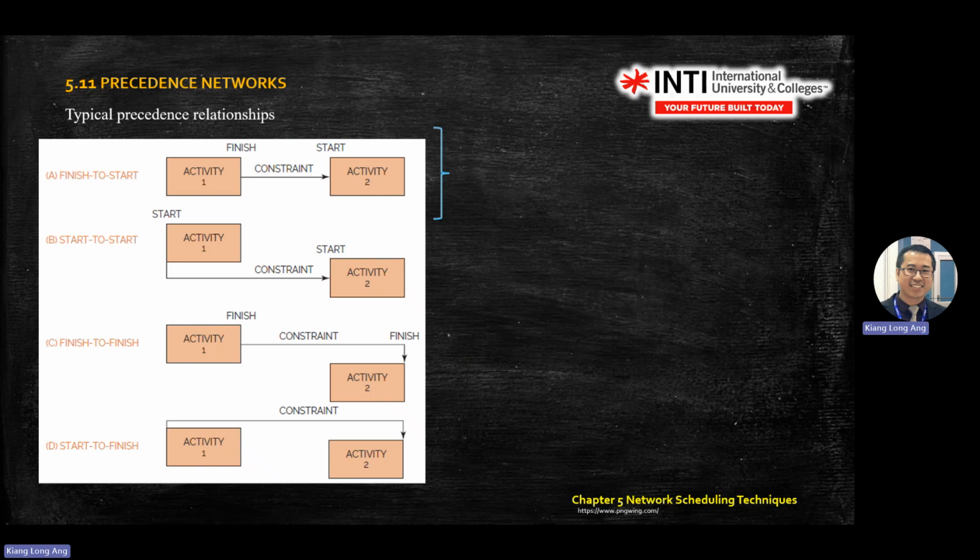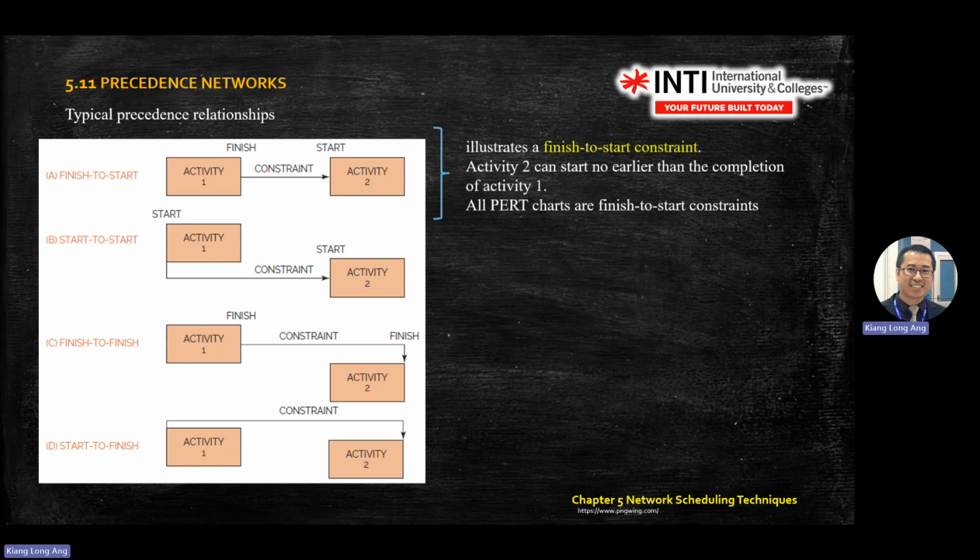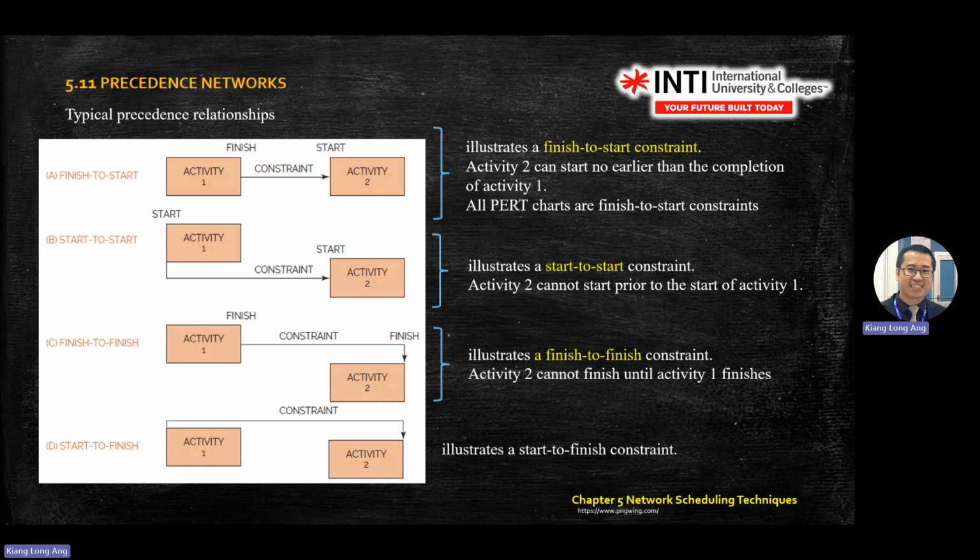Okay, this one. Start to finish, this one is a loop, which means if you get a start to finish network, you need to play around with the time frame between activity 1 and activity 2. But this one also I rarely ask.